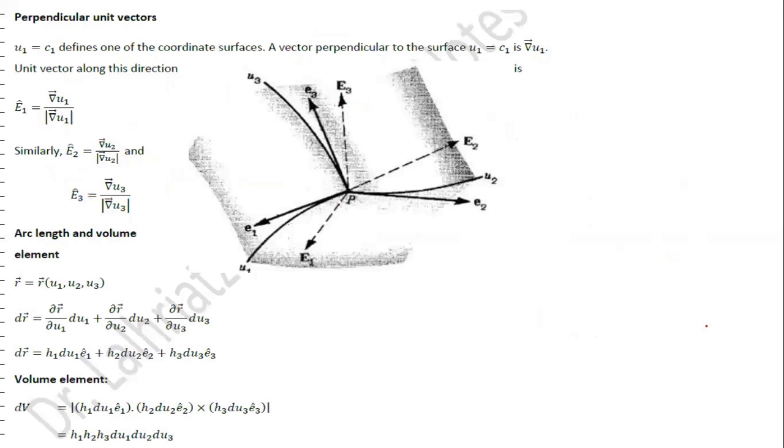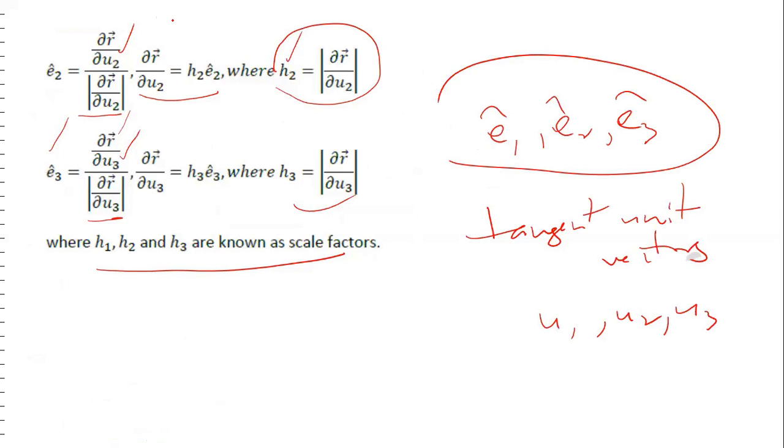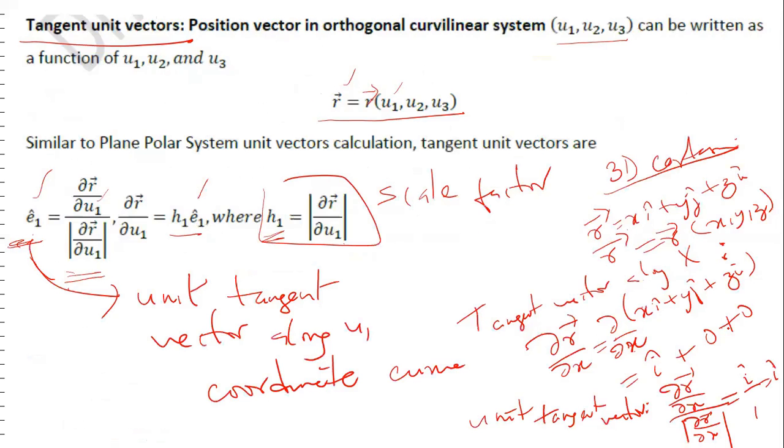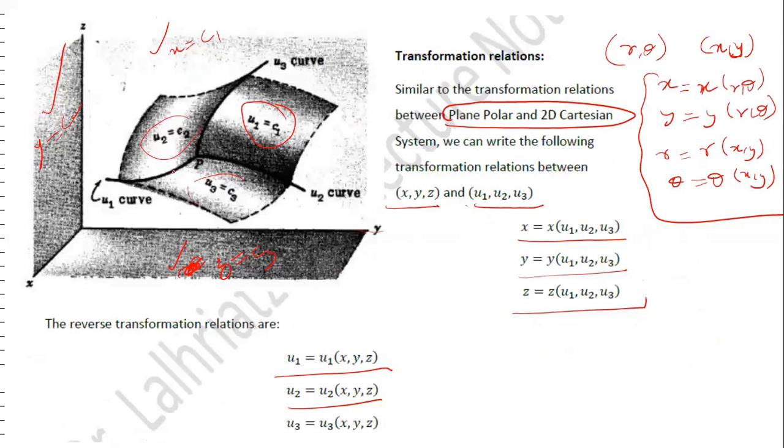In addition to these unit vectors, in a curvilinear coordinate system, we can also define another set of unit vectors called perpendicular unit vectors. The one we just described is tangent unit vectors. These are the unit vectors which are tangential to the u1, u2, u3 coordinate curves.